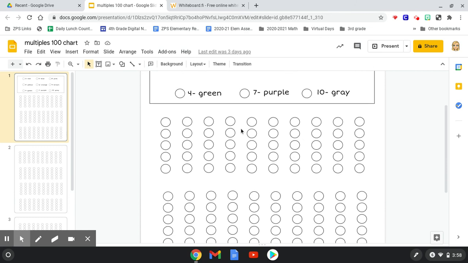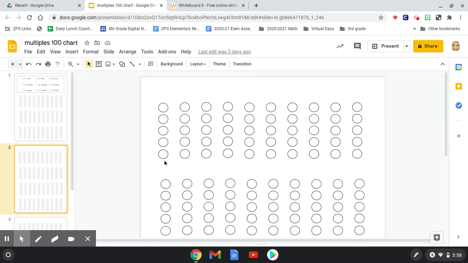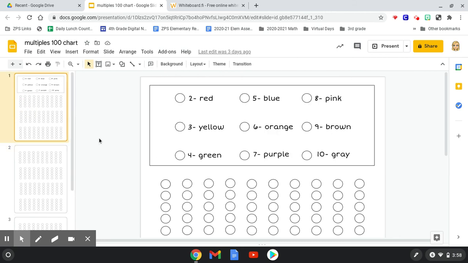Each one of these right here is going to be one number. So it's going to go 1, 2, 3, 4, 5, 6. It's going to go all the way to 100. So you can see that on my next page. It's just all dots here. I would keep counting 41, 42, 43, 44, and so on. You can go ahead and write those in if you want to.